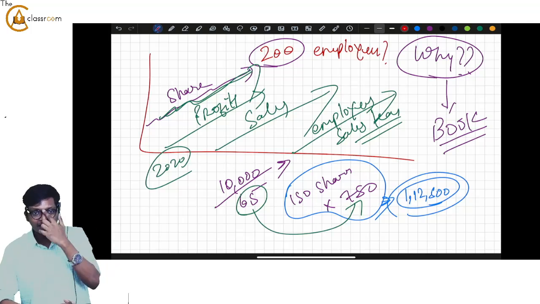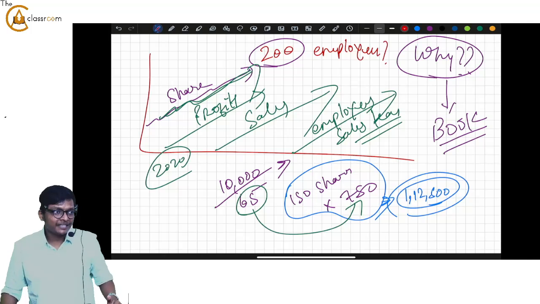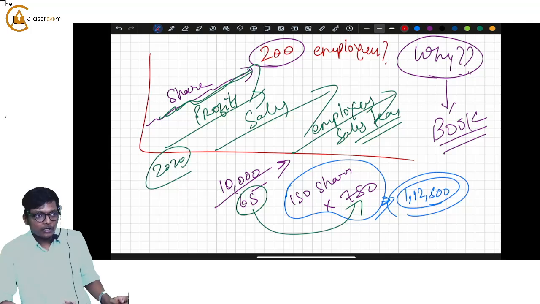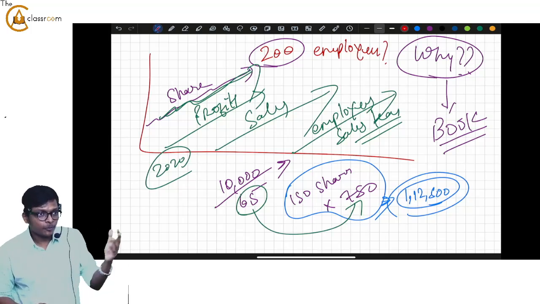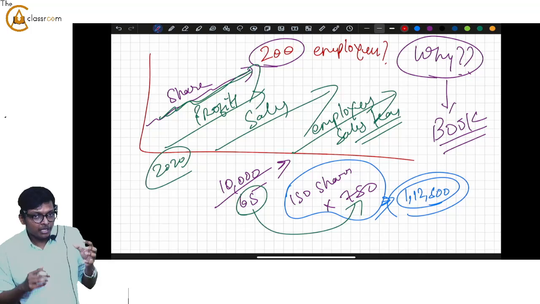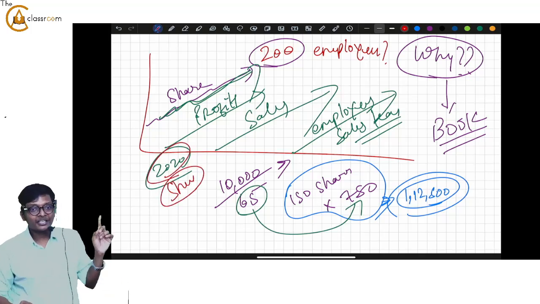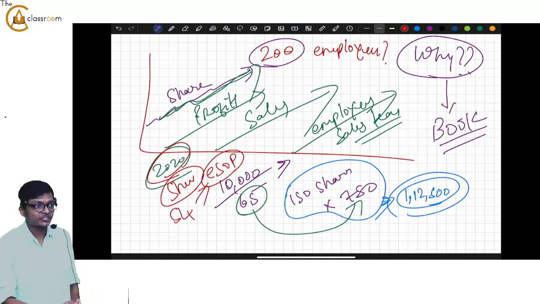Anita is participating, Priya is participating, Harshini is participating, Ram is participating. If I find some key employees, like Mubin, I will take them and give shares only to them. When? In 2020.